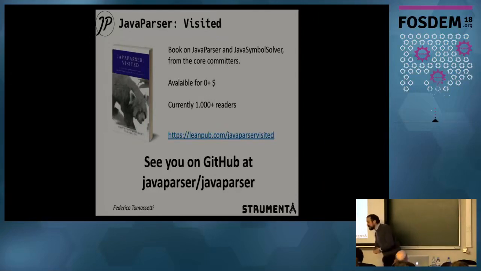Do you handle generics or lambdas and maybe dynamic code? Okay, do we handle generics, lambdas, and dynamic code? At the parsing level, yes, 100%. At the symbol resolution level, we kind of support it.